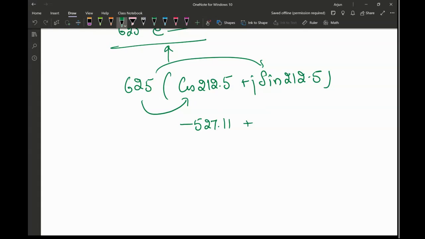Now multiply sine of 212.5 by 625, which gives negative 335.8, with j. So the answer is negative 527.11 plus 335.8j. That should be your final answer.